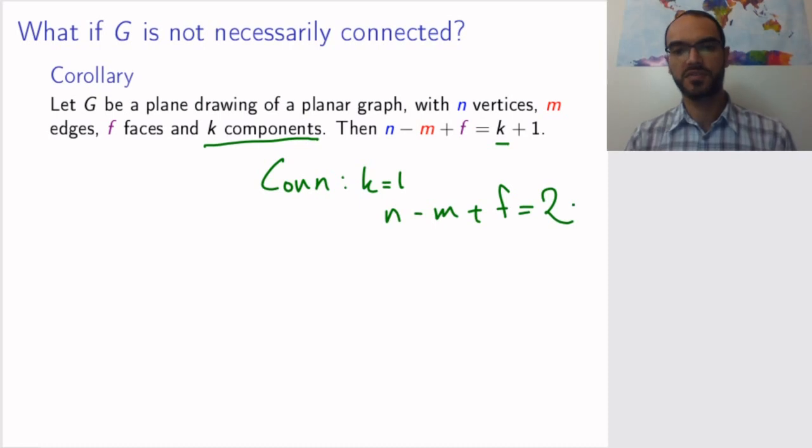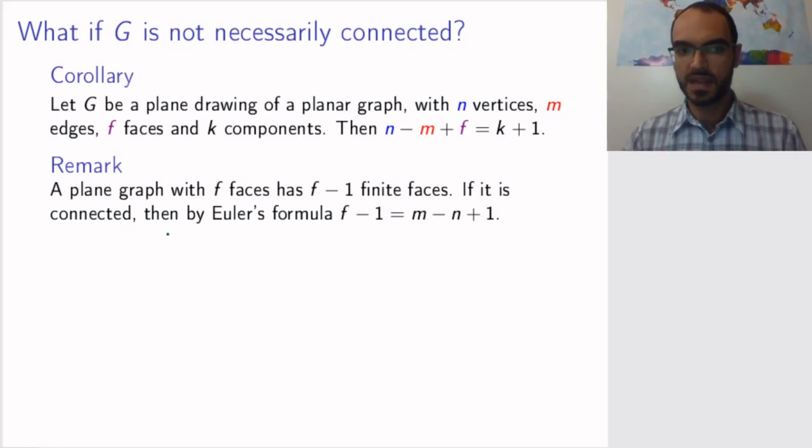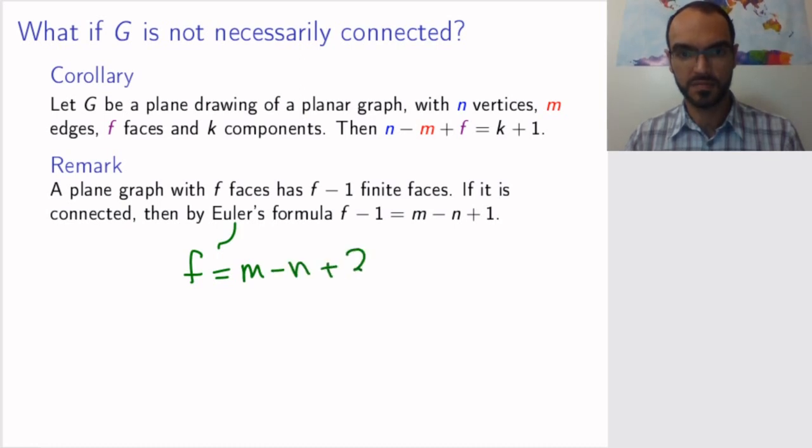So how do we prove this in general? Well, before we get to the proof, there's an important remark that will help us. And that is, if we have a plane graph with f faces, then it has f minus 1 finite faces. We have seen this before. We always have the infinite face, and so the remaining faces are finite. If the graph is connected, then we have Euler's formula that says that f is equal to m minus n plus 2.